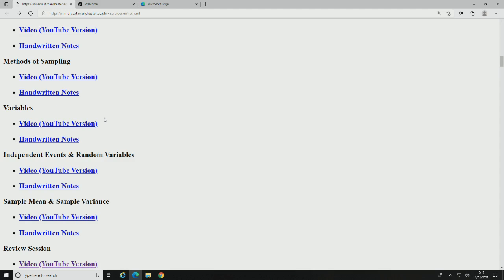And the final video, I think this is the final one, is about the sample mean and the sample variance, right? So if you have a data set x1 to xn, the sample mean is defined by this. For the sample variance, there are 2 different formulas. The first formula here is known as the biased version, and the second formula is known as the unbiased version.